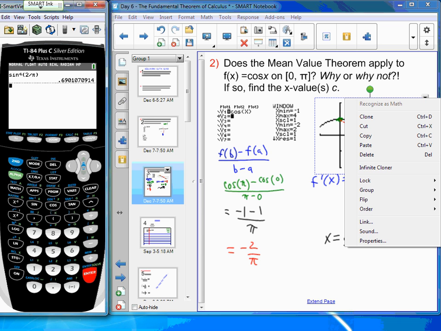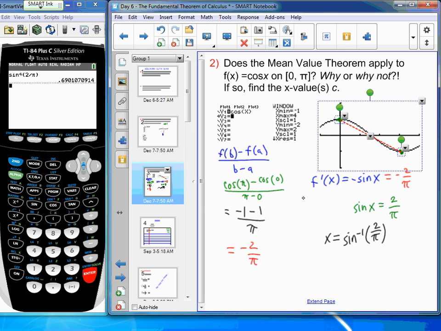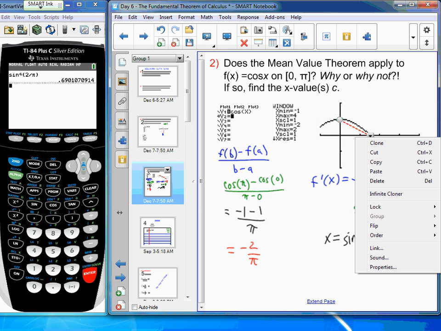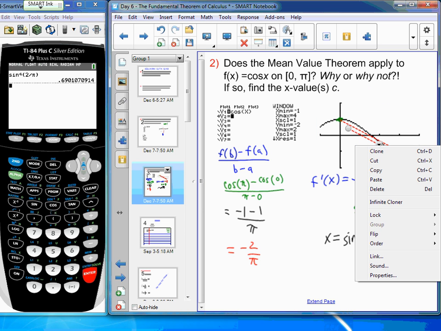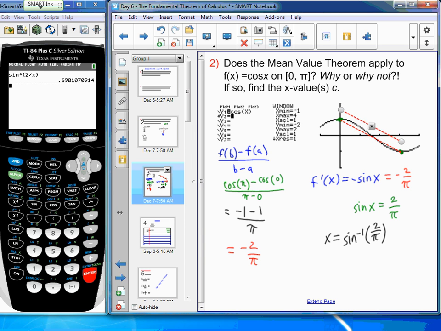And if I were to ungroup this, group it, and clone that, if we could just slide that up, and so it just touched the curve, to represent the slope of the tangent line, then it looks like, by golly, right about there, about 0.6. There's one x equals c value.